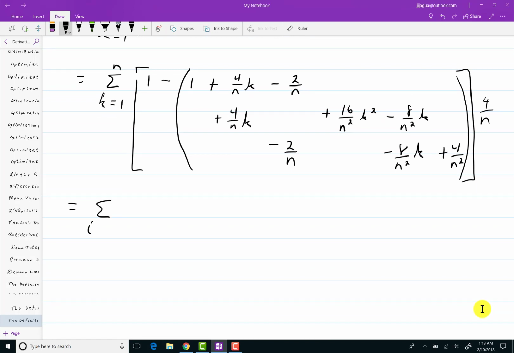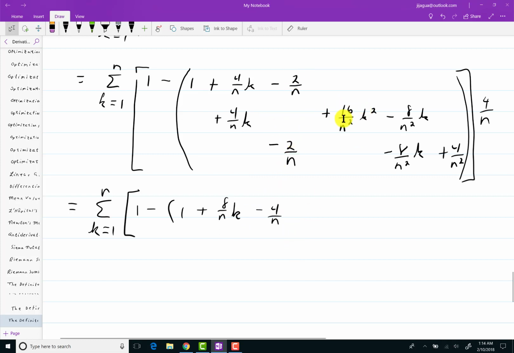Summation, oh, look at that, I'm sneaking in again. I can't believe how potent that thing is. k equals 1 to n. 1 minus, let's see what we have in here. There's 1. Then these 4 over nk, so I have plus 8 over n times k. Then I have negative 4 over n.